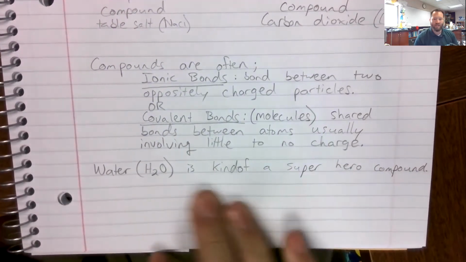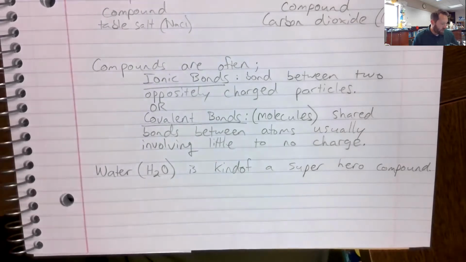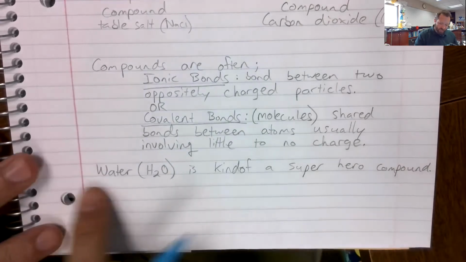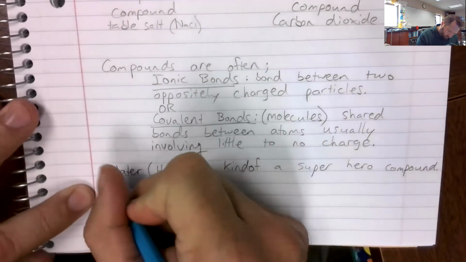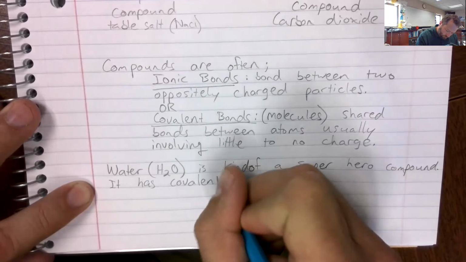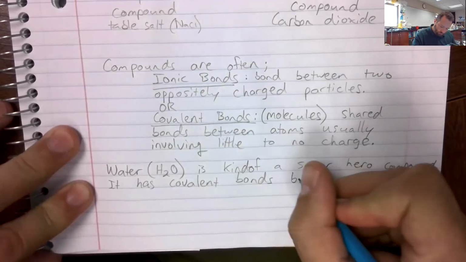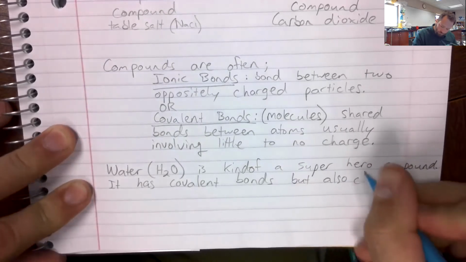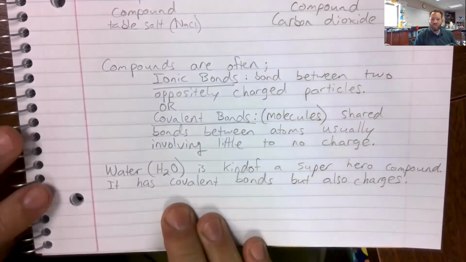Water is kind of a superhero compound. The reason I call it a superhero compound is that life wouldn't exist without it, and we'll cover that over the next couple of units. But the reason why it's a superhero compound is that water is a covalent molecule.